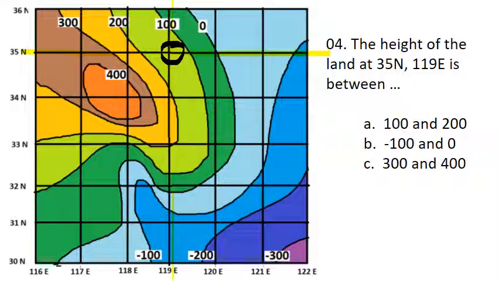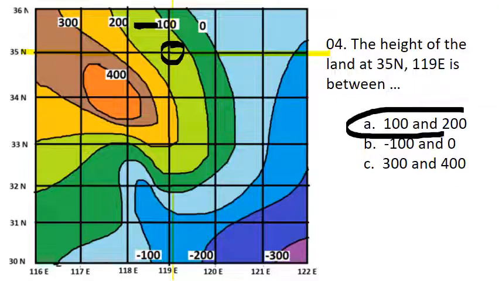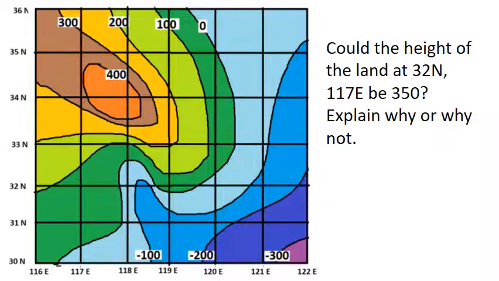Well, that point is in the light green area, and the light green area is anything between 100 and 200. So that point must be between some elevation of 100 feet and 200 feet. Can't be any higher than that.